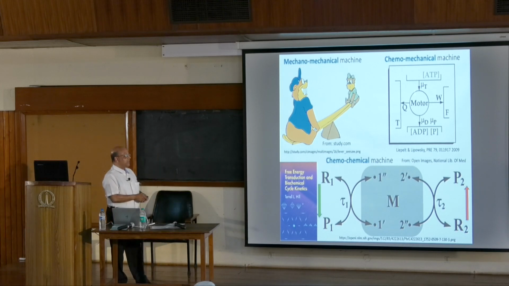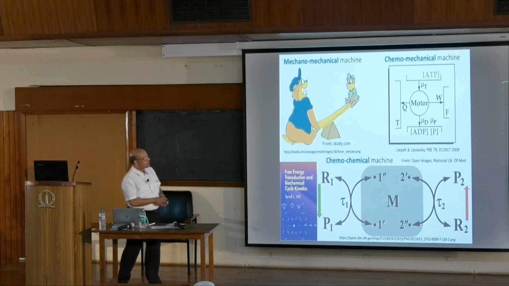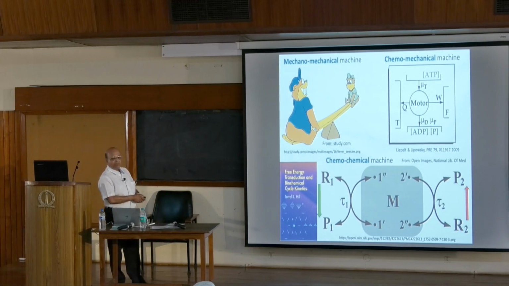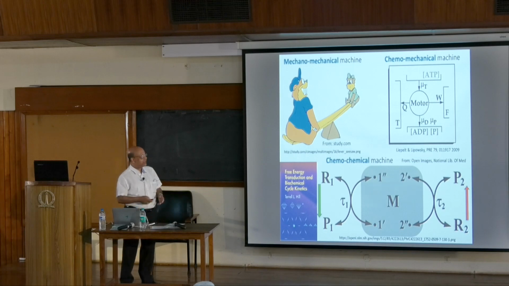Here it is not from high temperature to low temperature, it is from higher chemical potential to lower chemical potential. So this process is the natural process. This process releases free energy, and part of that is utilized for doing the work. Of course, this is at a finite temperature, it is coupled to a reservoir, and it also dissipates part of that free energy. So this is the basic principle behind the operation of molecular machines.